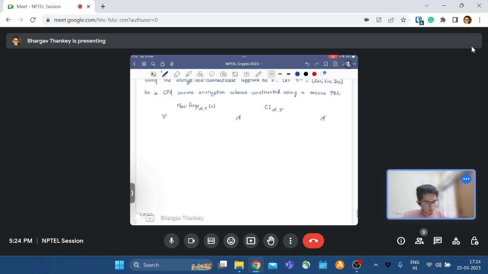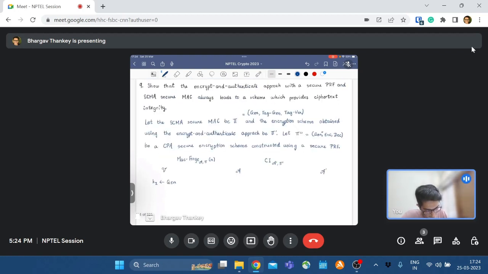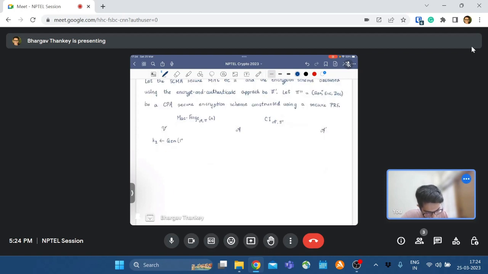What we'll show is that if A prime succeeds, then A succeeds in the MAC forgery game. First of all, the verifier picks key K2 for the MAC, and A picks key K1 from Gen prime, double prime.